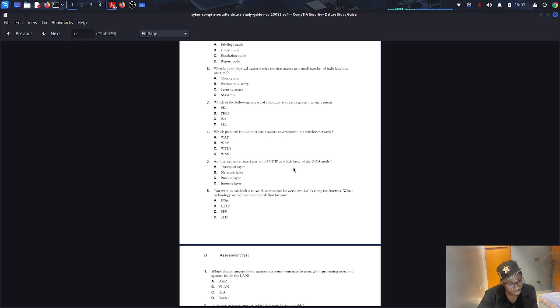Process layer is not part of the layers now. So based on transport layer and network layer being part of the layers, I'm going with network layer. I don't know, I'm just going with network layer. But we are going to see why it's network layer, or maybe it's transport layer. I need a lot to learn. So let's go with B.